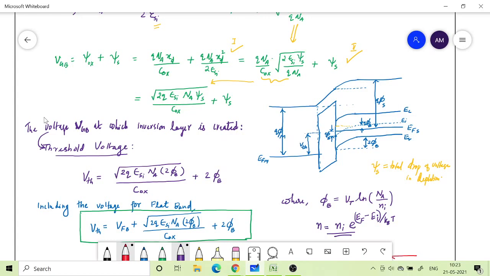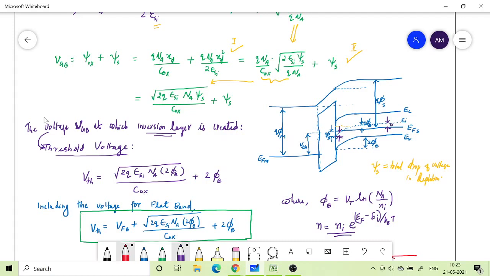Now the inversion layer is created at a voltage where this bending is such that whatever was the location of EI above EFS earlier, by the same amount it comes below.